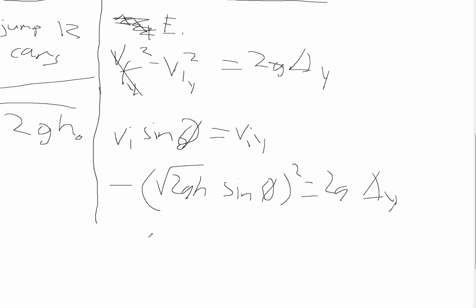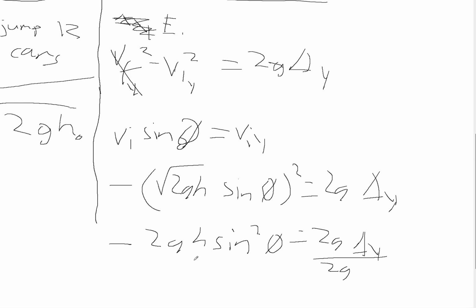So let's distribute that square. That would be equal to 2gh sine squared theta. Then we got 2g delta y. Then we're going to divide the 2g over. Then we remember that gravity is negative, because gravity is negative 9.8, it moves downward.